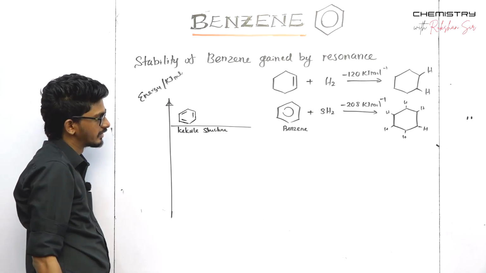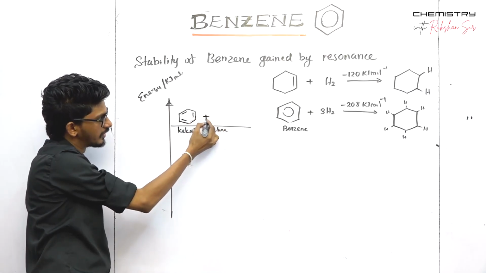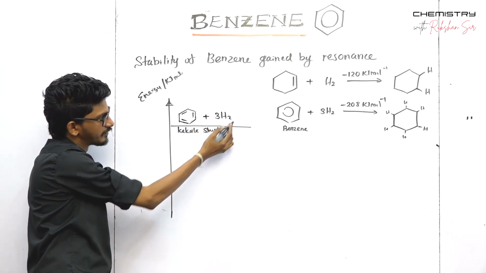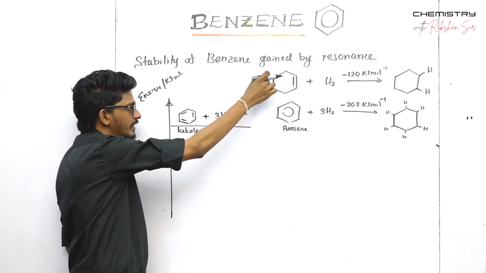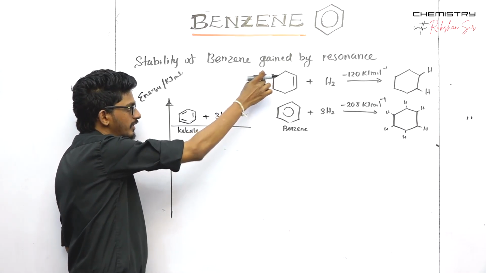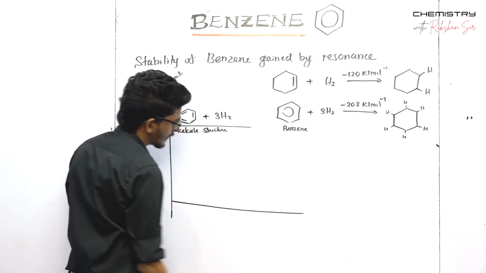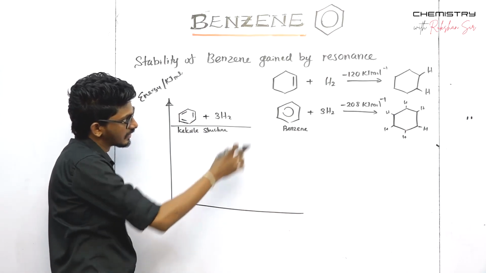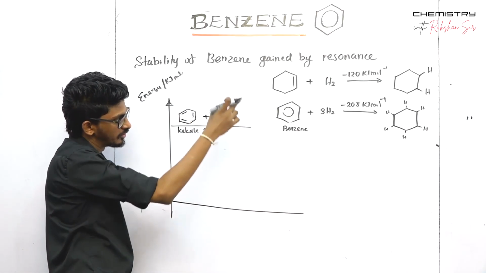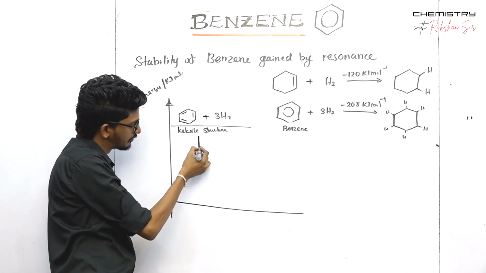If you have to hydrogenate that, you need 3 H2s. You need to do this process thrice to completely hydrogenate the Kekulé structure. That will need 120 into 3 amount of energy.